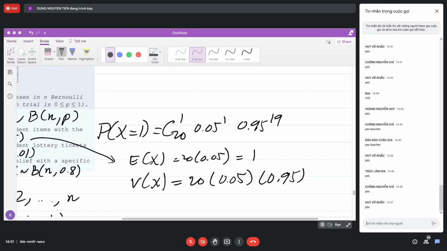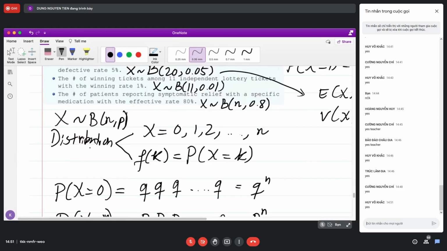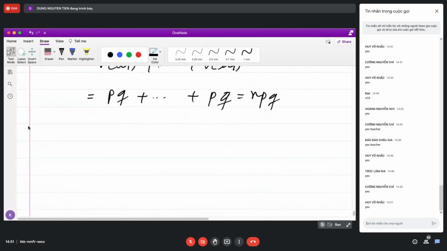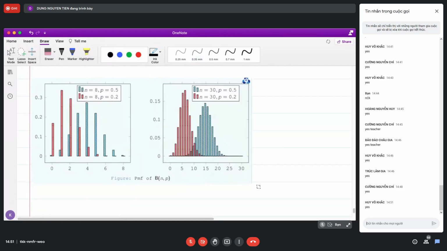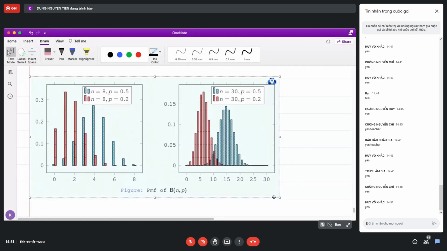Okay. Now let's have a look at the following graph. Then you can have some idea about the distribution. If n is 8 and p is 0.5, then the distribution is quite symmetric.